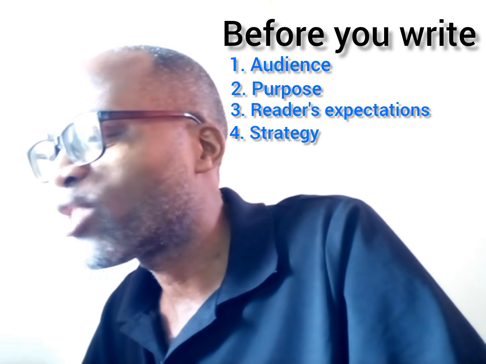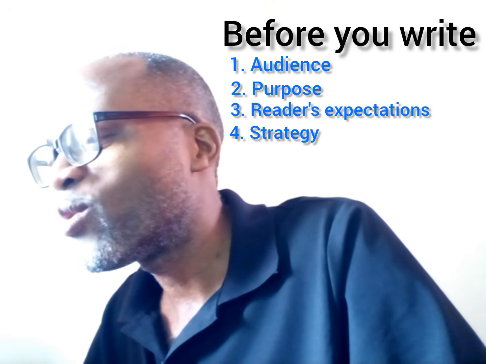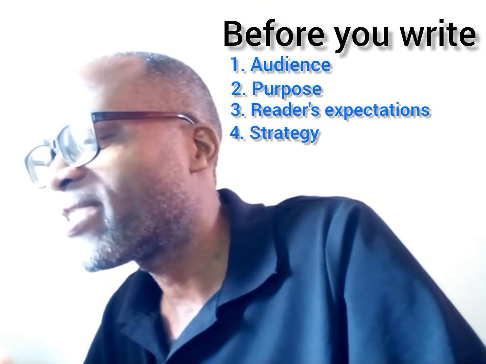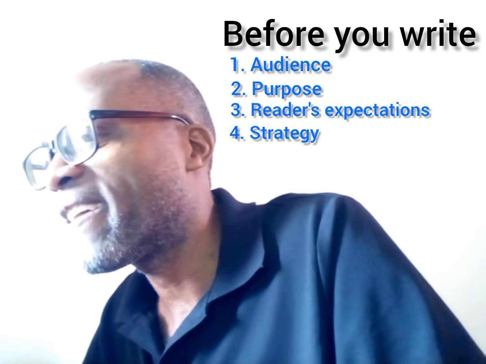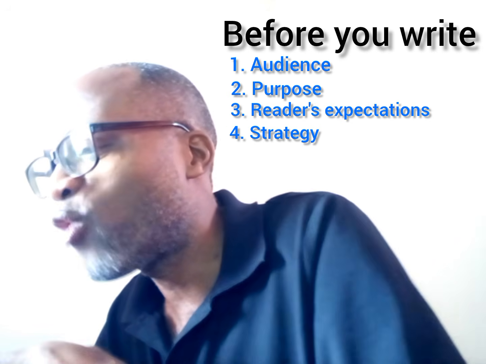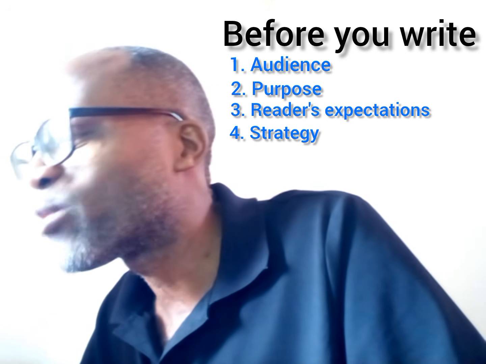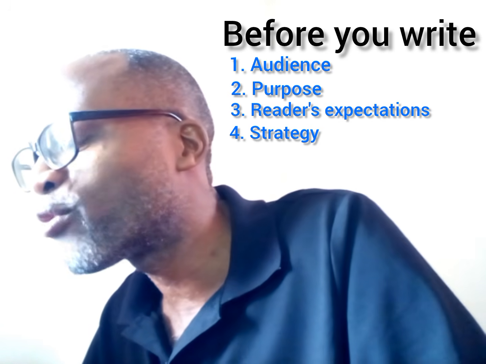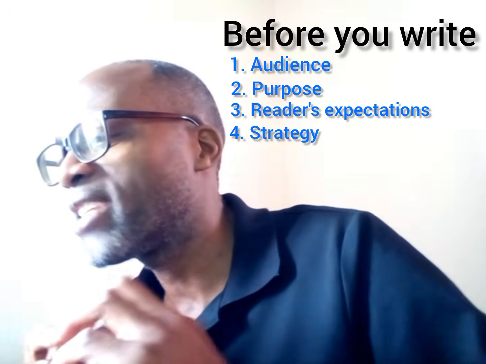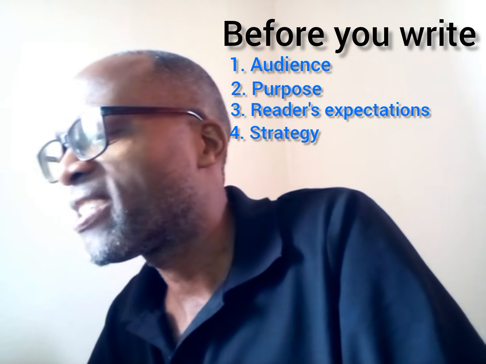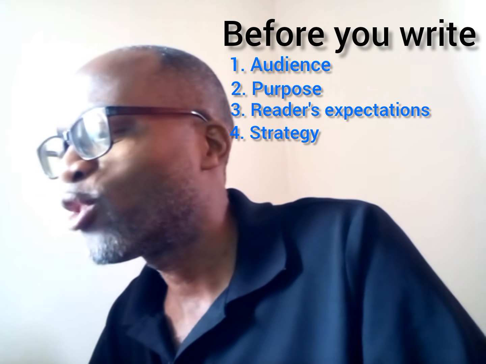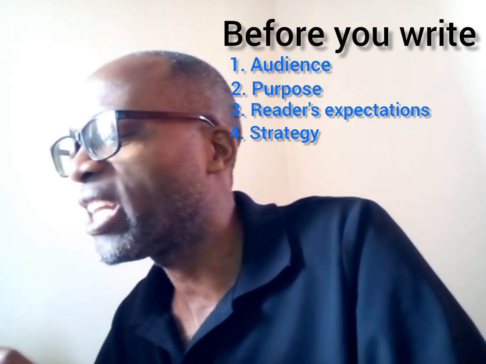You can use the chronological form where you are discussing things in the way they occur, such as first, second, third, fourth. If it's a problem solution kind of strategy, then you're going to start by stating the problems and then you address the solutions. The same if it's a cause and effect, you start with the causes and then you look at the effects.